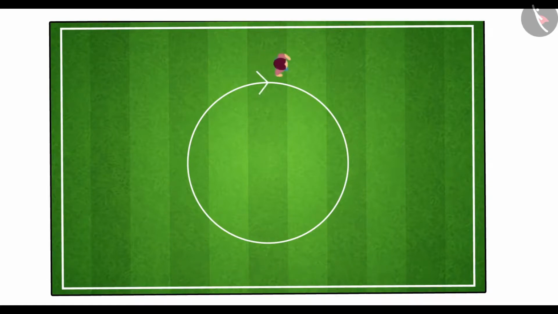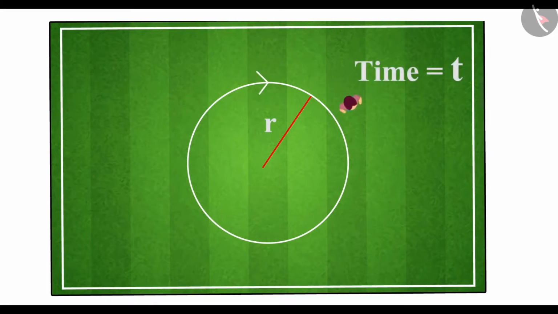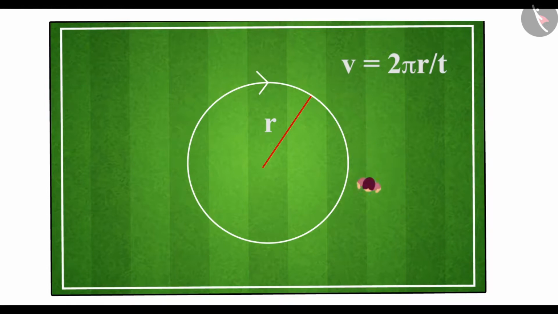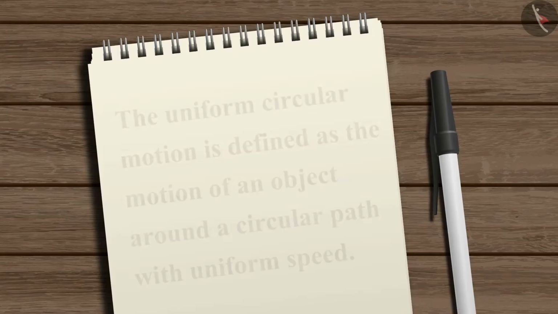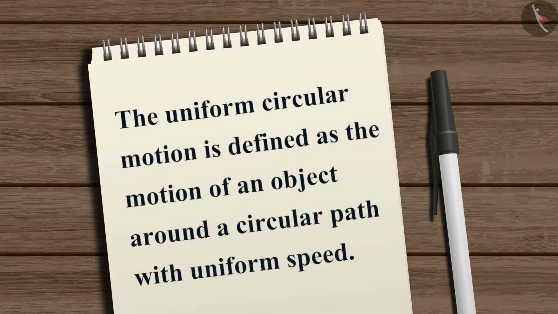If the time taken by the athlete to complete one round in the circular path with radius r is t, then the speed of the athlete denoted by v is given by v is equal to 2 pi r upon t. Thus, the uniform circular motion is defined as the motion of an object around a circular path with uniform speed.